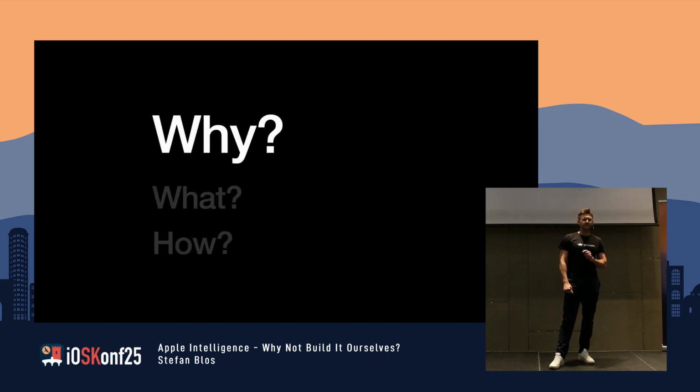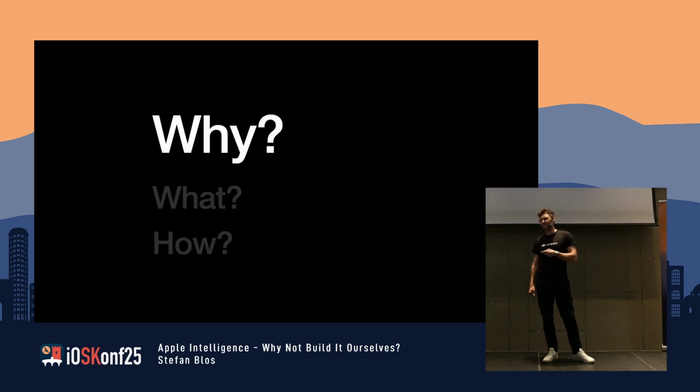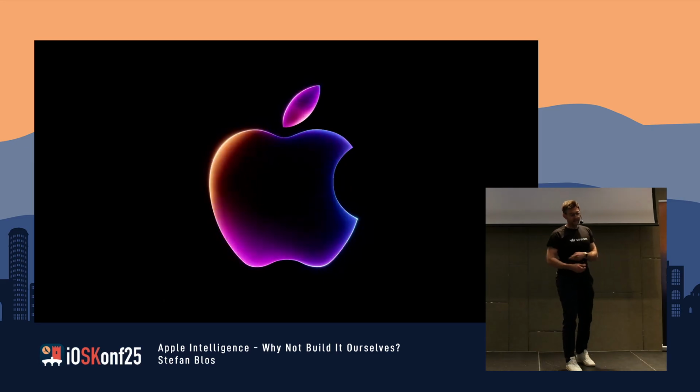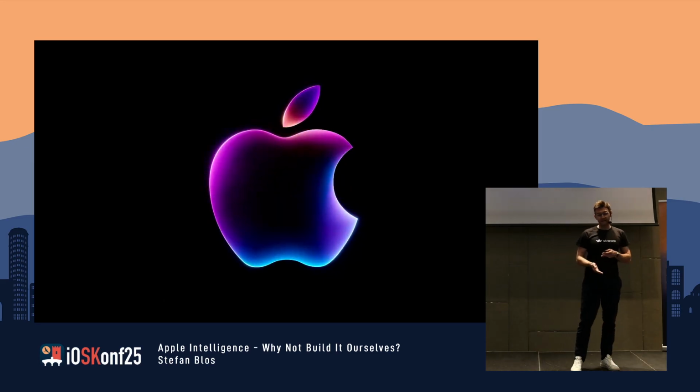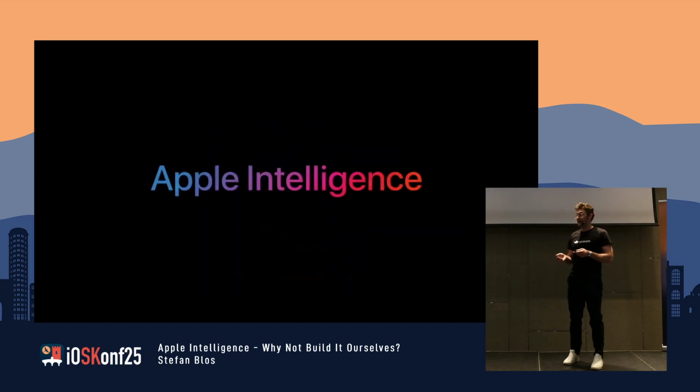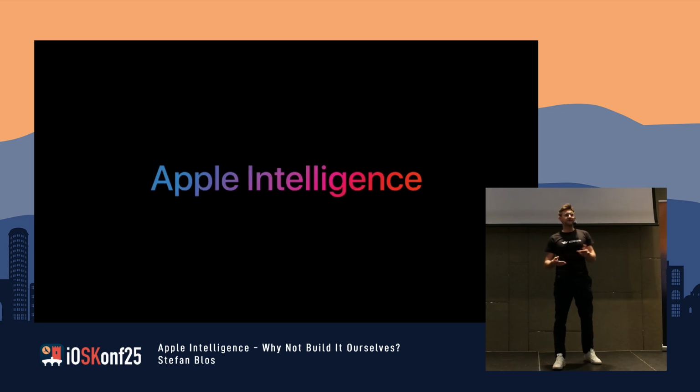I'm not sure how many of you are aware of this, but every year Apple has a developer conference called WWDC. And in last year's edition, they introduced a feature called Apple Intelligence. And not only did they introduce it, but they also mentioned that it is going to be built into every operating system they have.